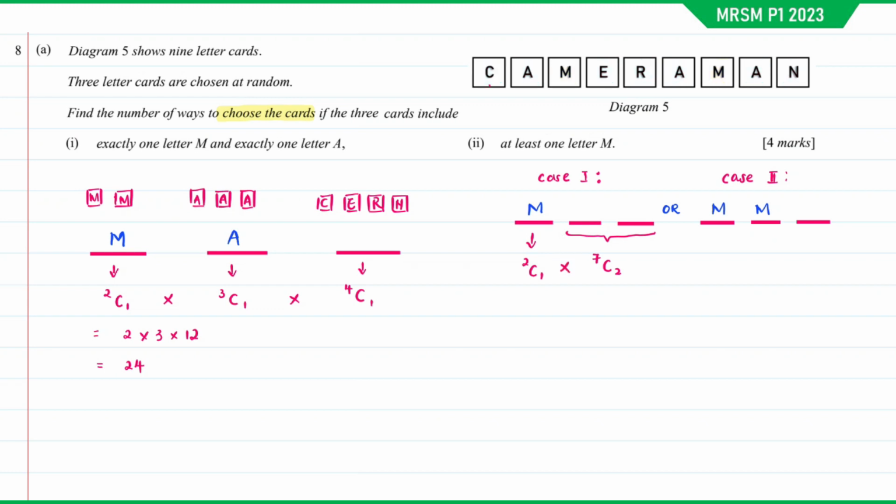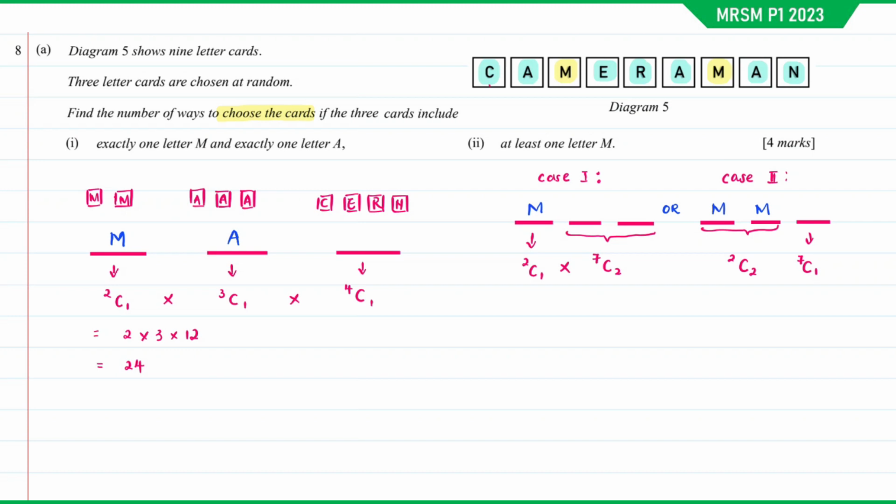For case number 2, to make sure we have 2 letter M here, we choose 2 letter M from these 2 letter M cards, so this will be 2C2. And for the third letter, we choose 1 card out of these 7 letter cards, so this will be 7C1.